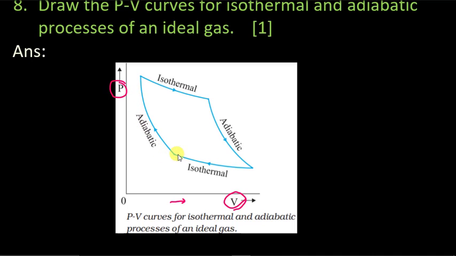This is the isothermal curve. So this is compression. See, this is the case of compression. The upper curve is the case of expansion.